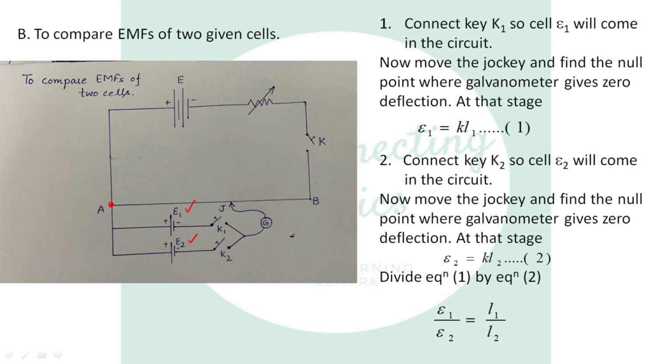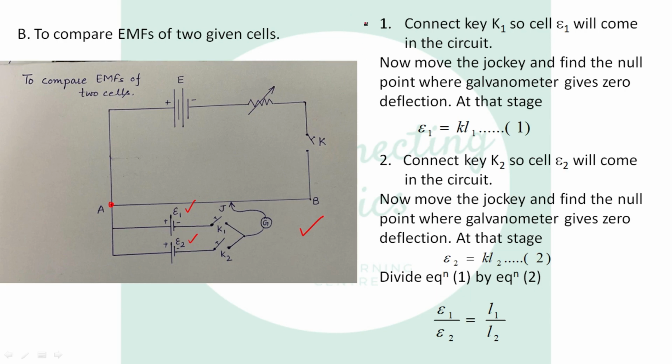Here is one key K1, here is another key K2, and one galvanometer is attached, and in series a jockey is attached, which is to be slid over the wire AB. This is the diagram for comparing the EMFs of two given cells.